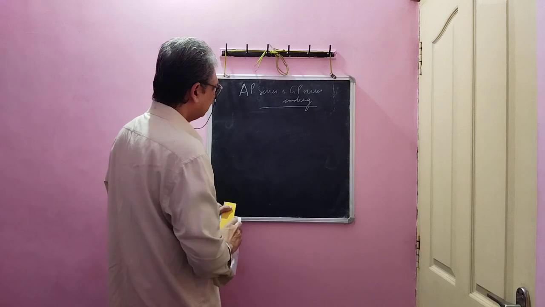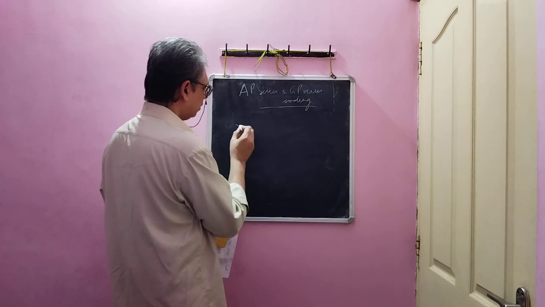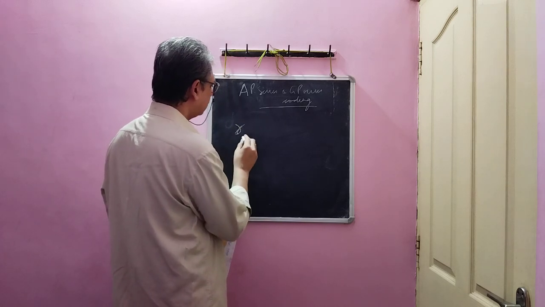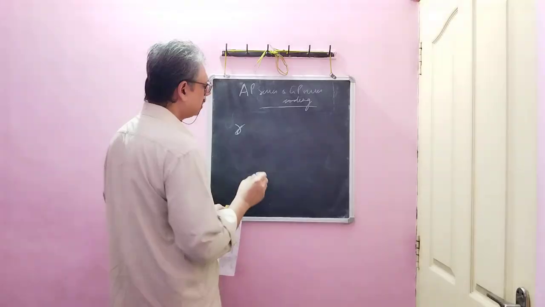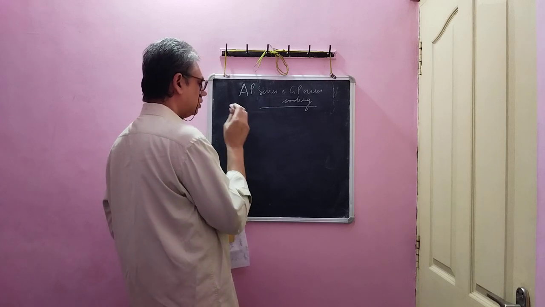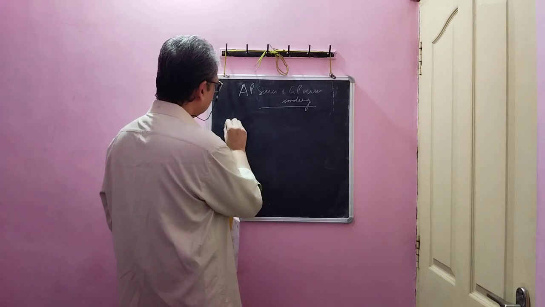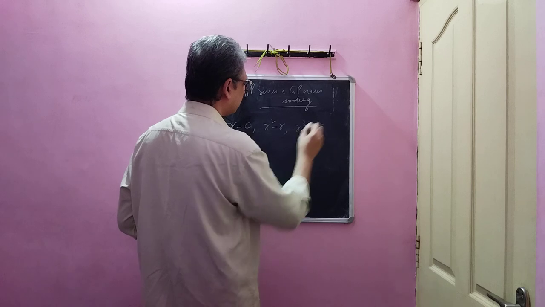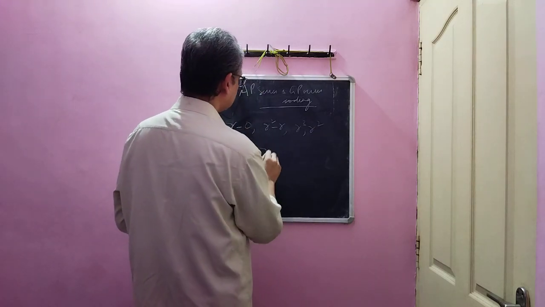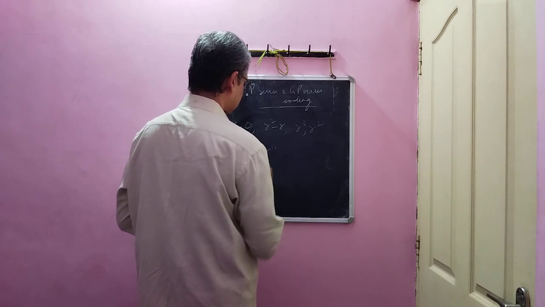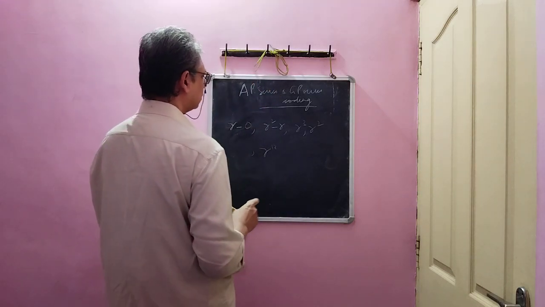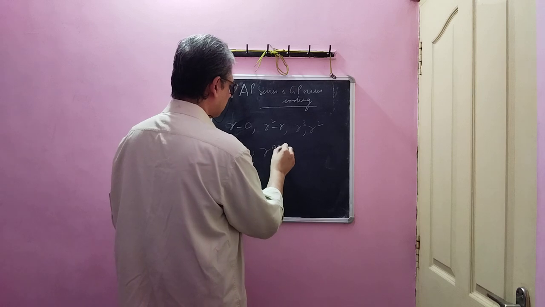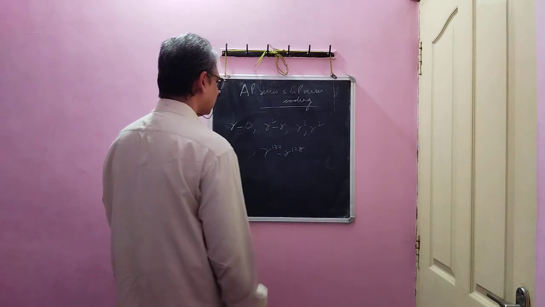So what will happen here is the total value will come up to, since there are 128 differences, you will have R minus 0, comma, R square minus R, comma, R cube minus R square, and so on up to R power 127 minus R power 128.